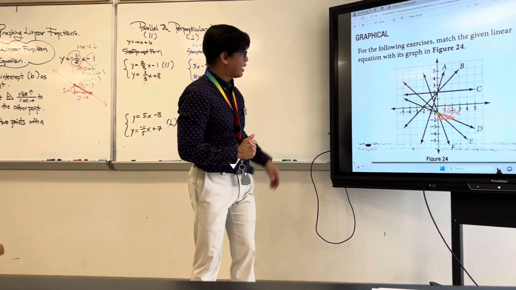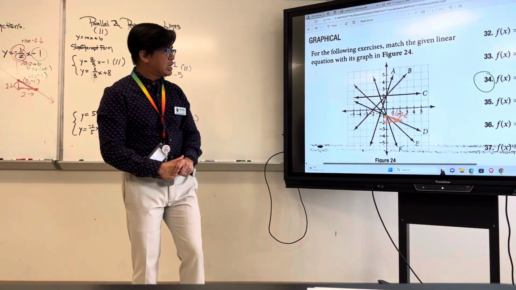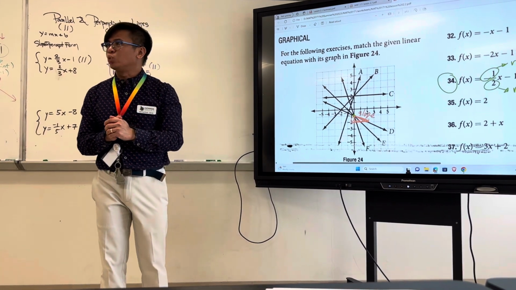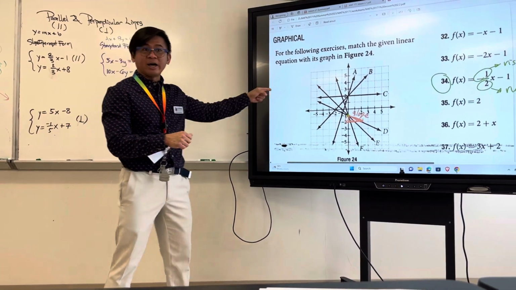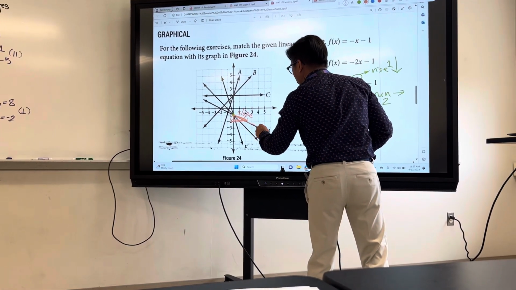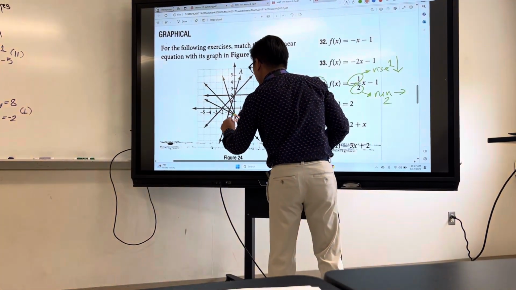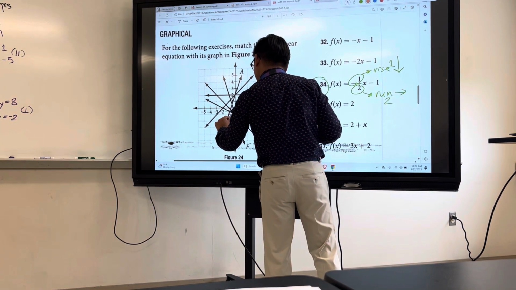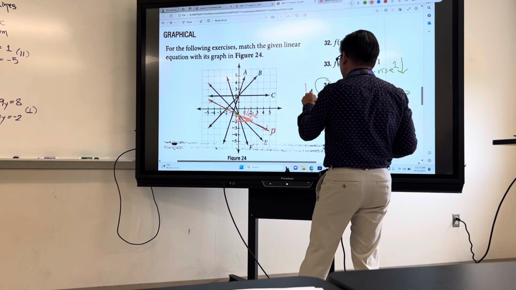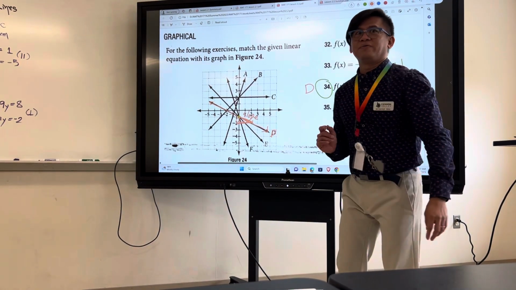So with that being said, what letter in here corresponds to that line, negative 1/2 x minus 1? Letter D. As you notice in here, if you extend this slope to the right first, and to the left, here it is. And therefore, that is letter D for number 34.